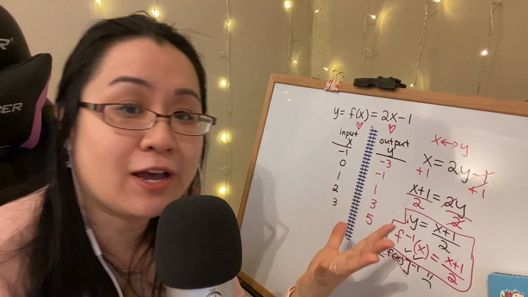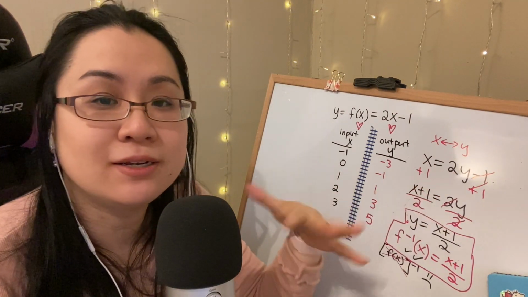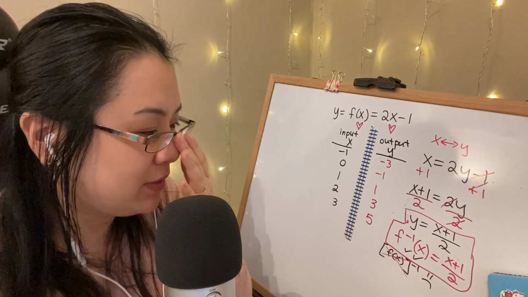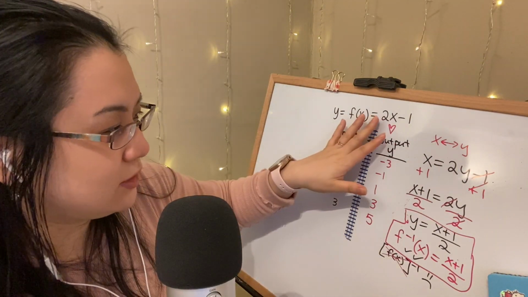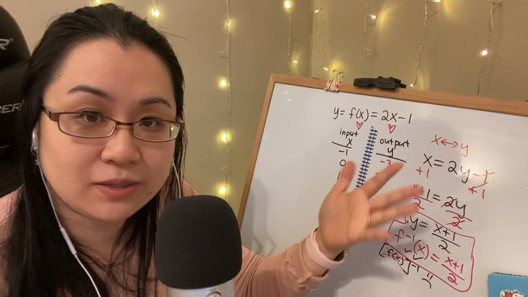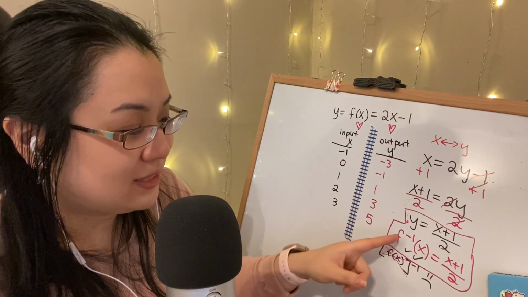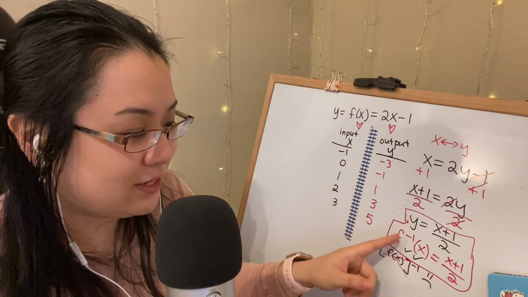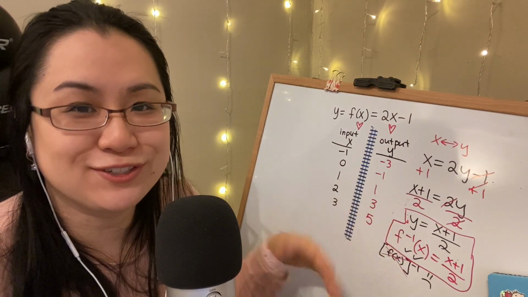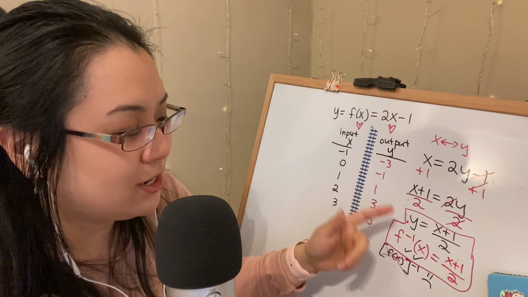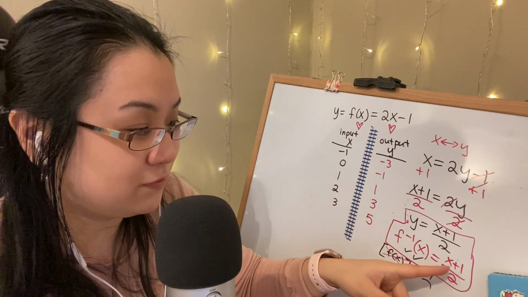Like when you have 5 to the negative 1 power, that's 1 over 5, right? So f of x, like 2x minus 1, to the negative 1 power is 1 over 2x minus 1. But this is my inverse, f inverse of x, which is x plus 1 over 2.